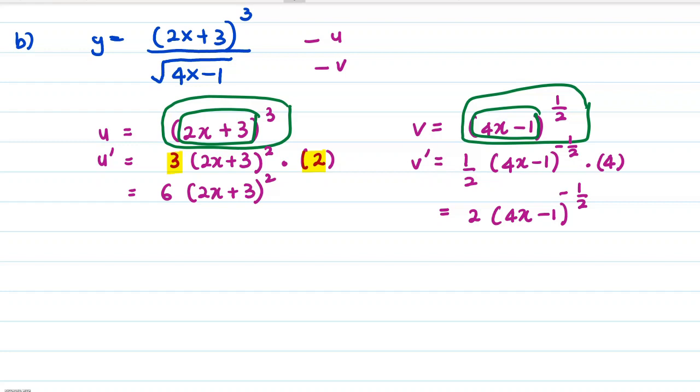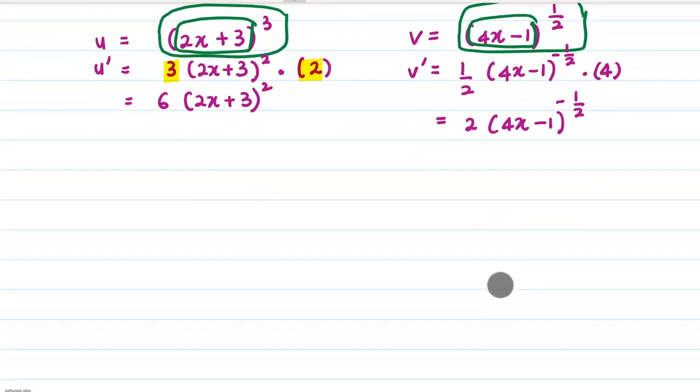Alright, now let's proceed with the formula. The formula is given as dy/dx equals u prime v minus u v prime, divided by v squared.